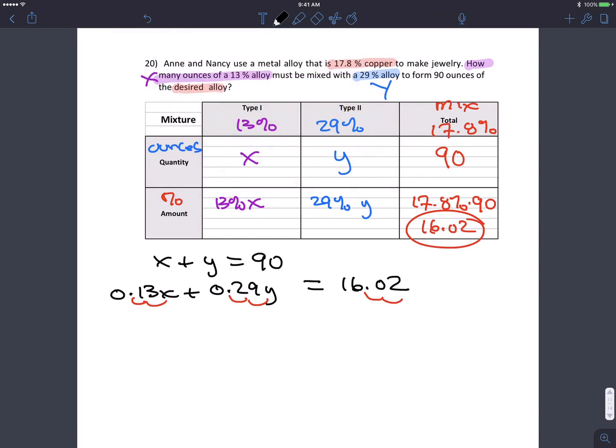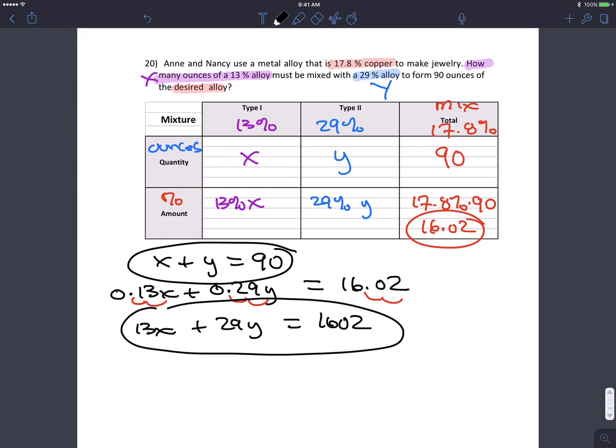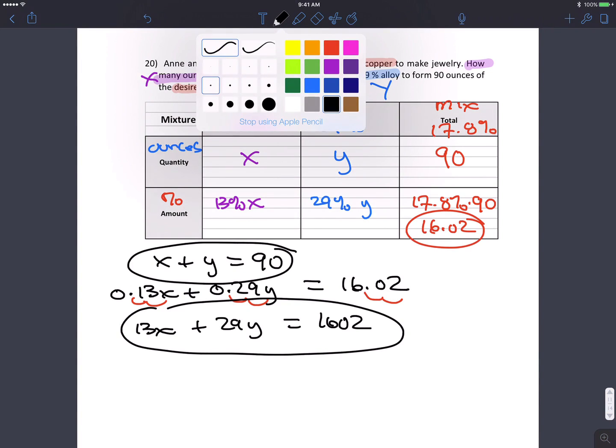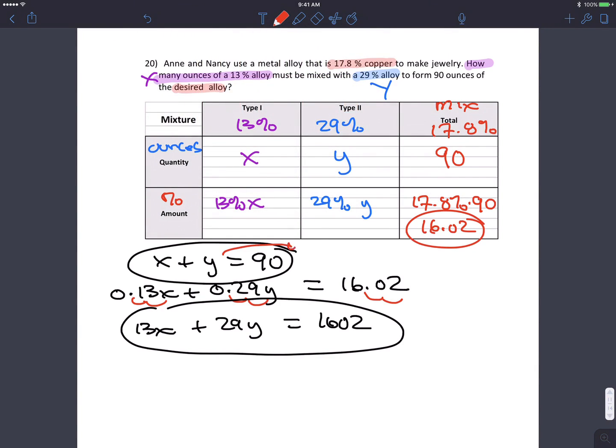Here's what you end up getting: 13x plus 29y will be 1602. First equation, second equation. Solve the first equation for x by translating your y. Okay, x is 90 minus y.